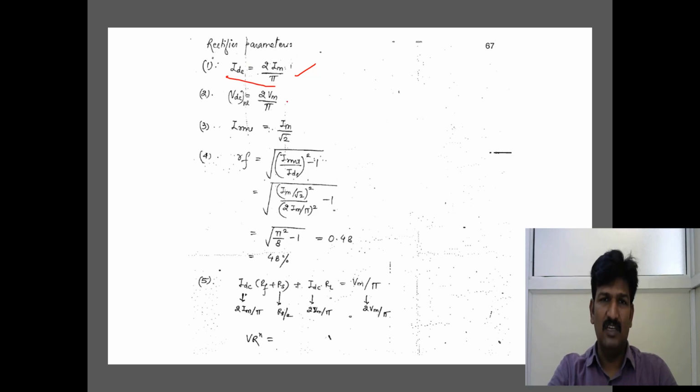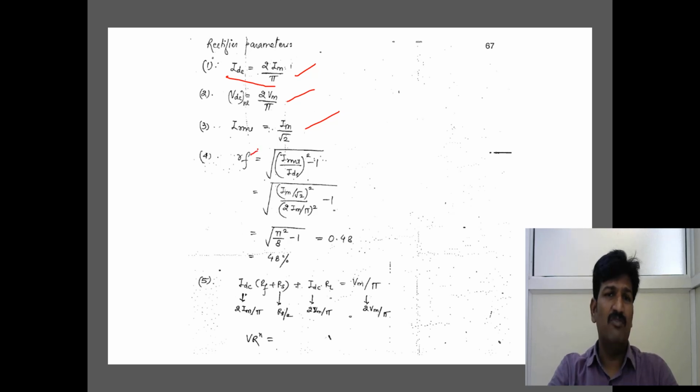Next, VDC of the half-wave rectifier is Vm by pi, but here it is 2 Vm by pi, since two diodes are conducting. And IRMS, the root mean square current of the half wave rectifier, was Im by 2, but in the full wave rectifier it is Im by root 2.